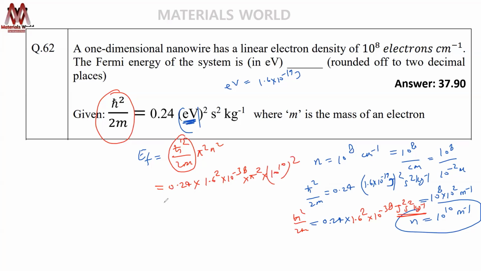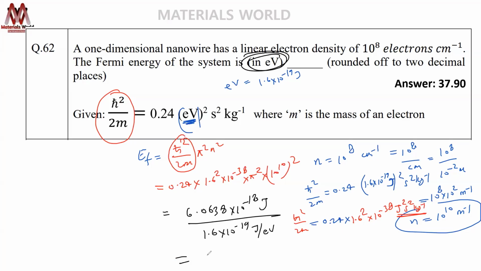Simple. Solution done. Whatever you will get is 6.0638 into 10 power minus 18 joule. Okay, and it's asking in electron volt, so convert into electron volt. Divide this by 1.6 into 10 power minus 19. Your answer will come.